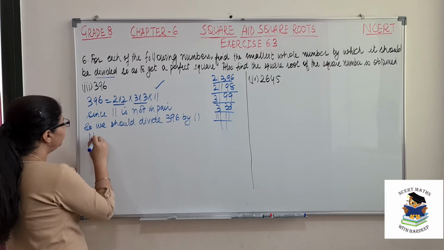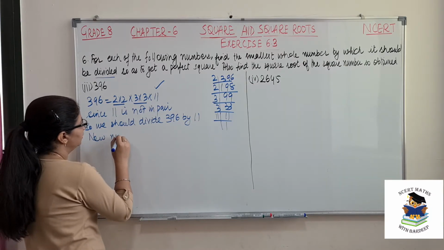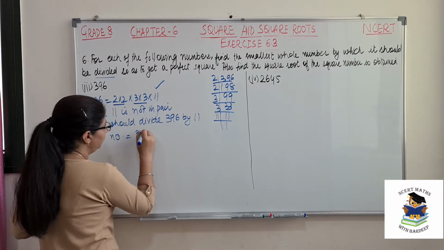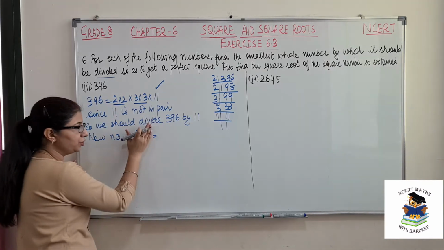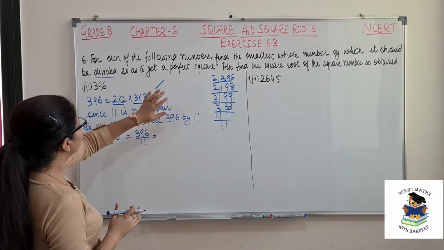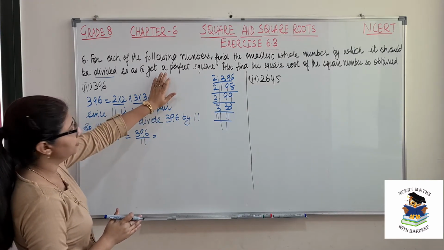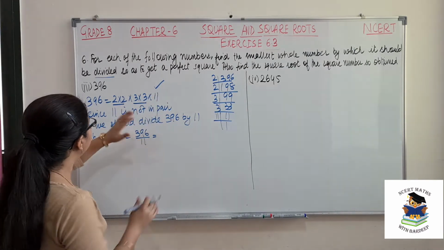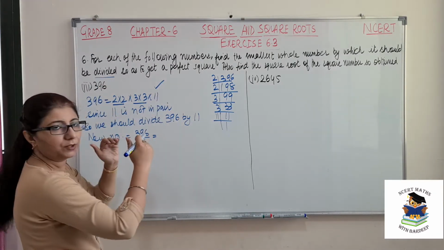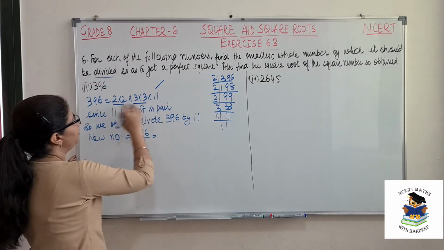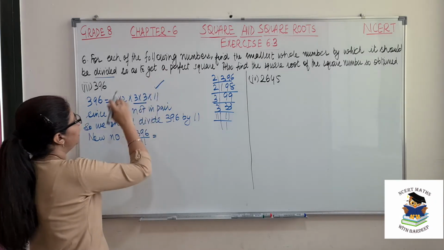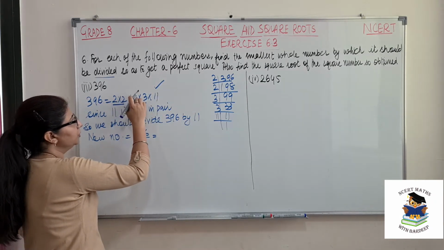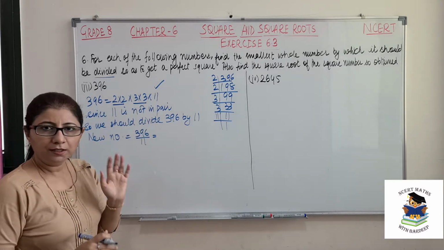Okay, so what should be your new number then? As I have already explained, 396 by 11. First, you can divide it here. Otherwise, what I prefer is, since we are going to divide 396 and these are the factors, 396 can be replaced with this and then divided by 11. So this will be cancelled. The answer should be 2 2s are 4, 4 3s are 12, 12 3s are 36.